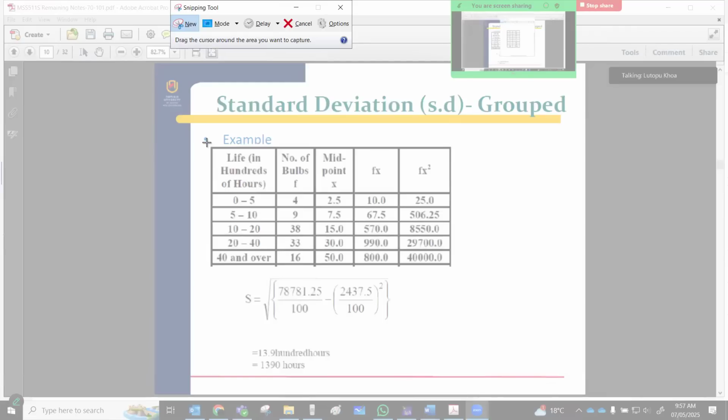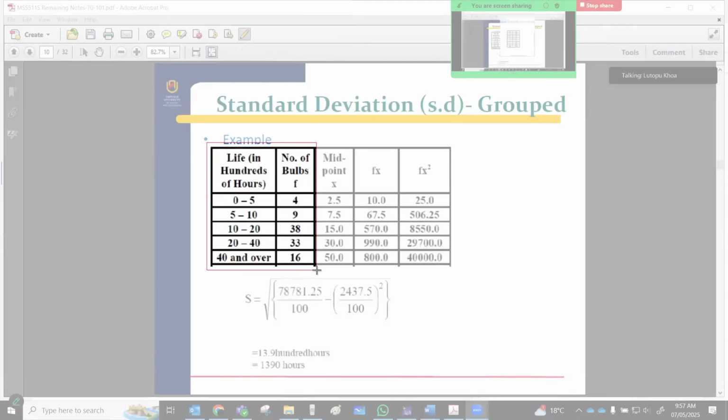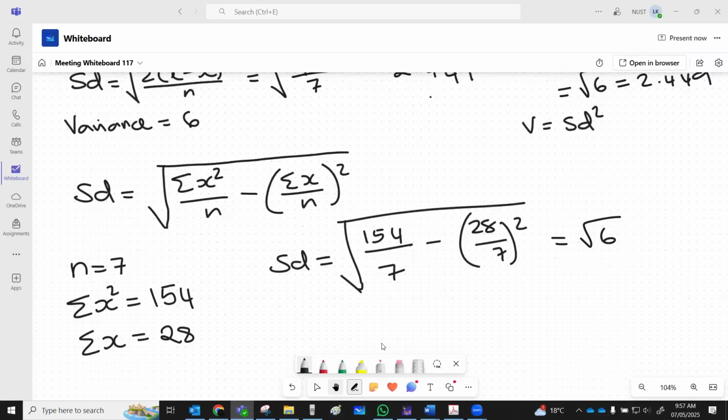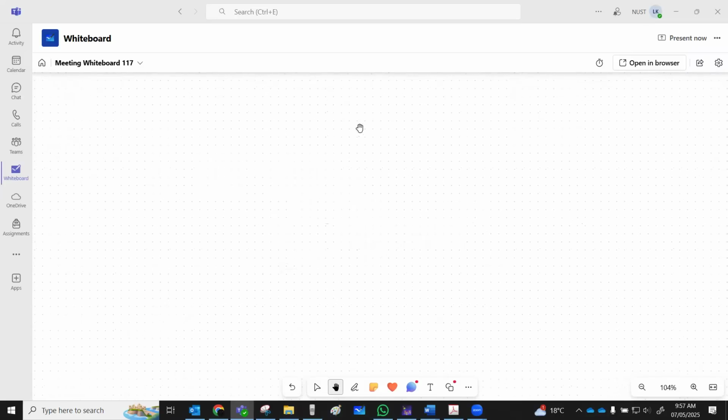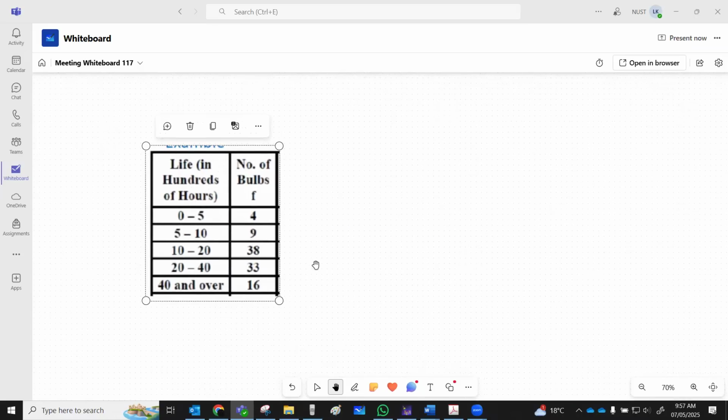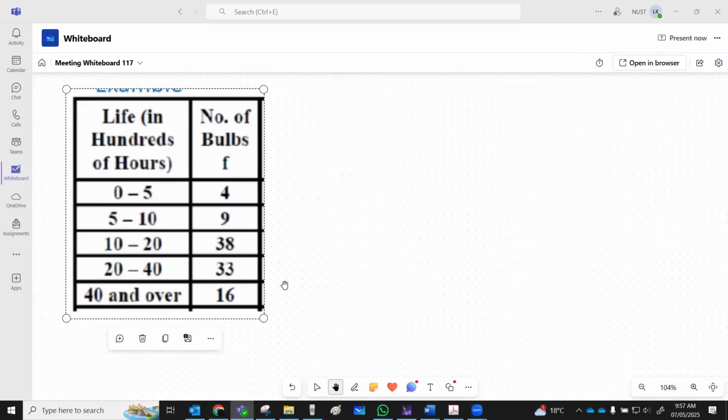Let's say, so this is what we are given. Then what we need to do is work out our midpoints.